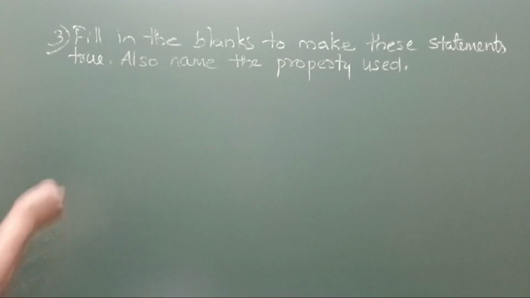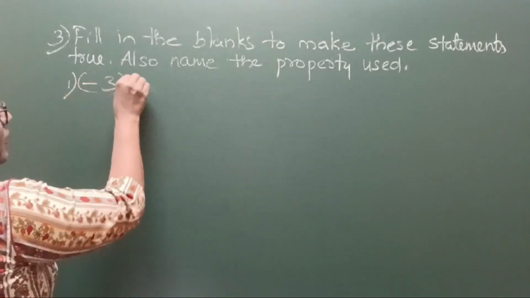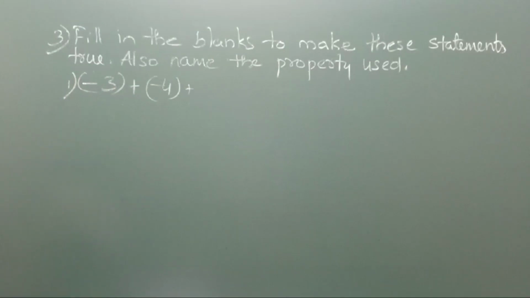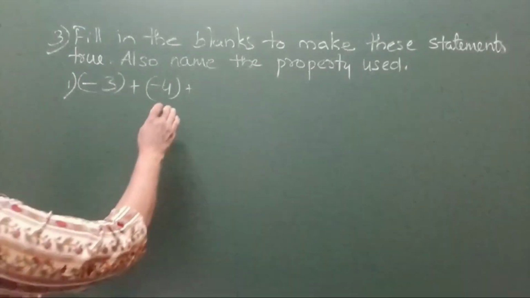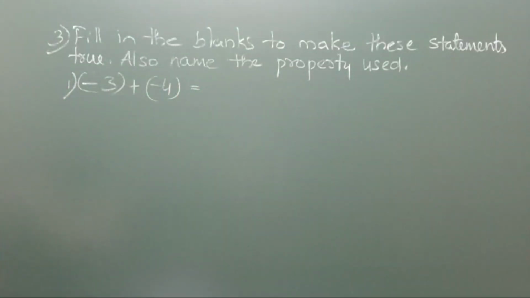Question number 1. Minus 3 plus minus 4 is equal to. Here we have to use the property. We have to make sure that it is a true statement, and if it is true, we have to write which property is used.